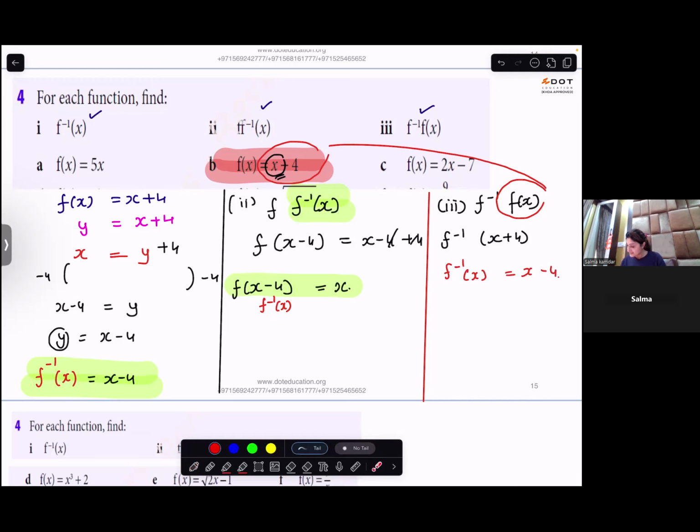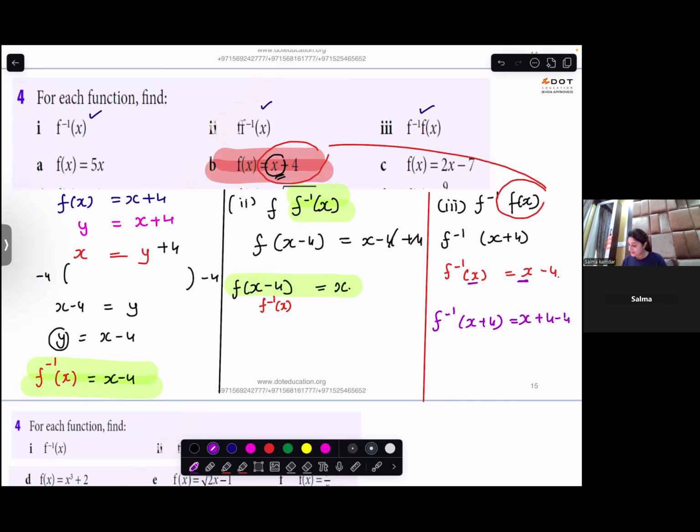In place of x, I will put x plus 4, so it would be x plus 4 minus 4.